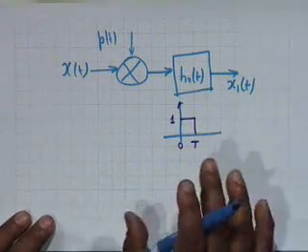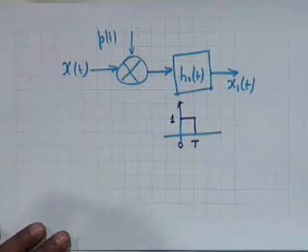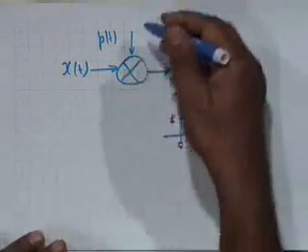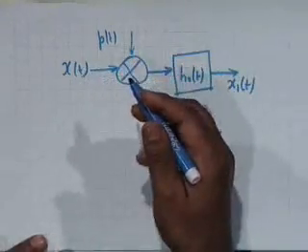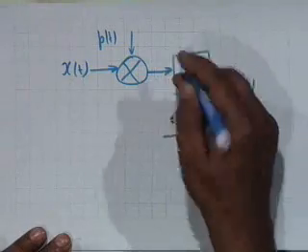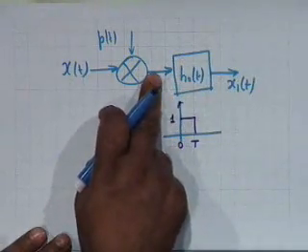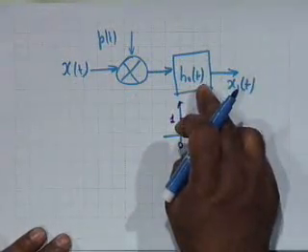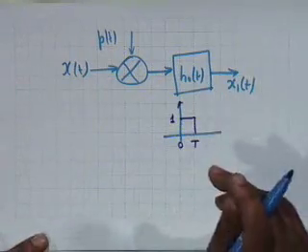Is that clear? We are multiplying by p of t because we are creating a sequence of impulses. This is the impulse sampled version. If I pass it through a system having an impulse response h naught of t, then we get the ZOH version of x of t.